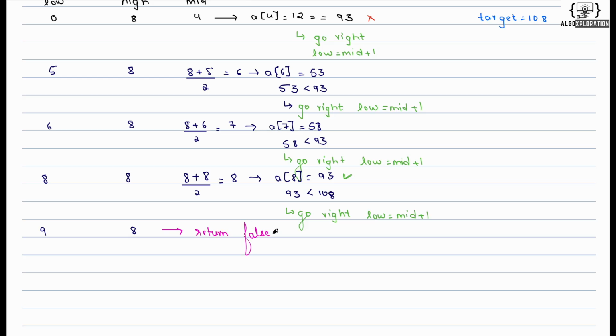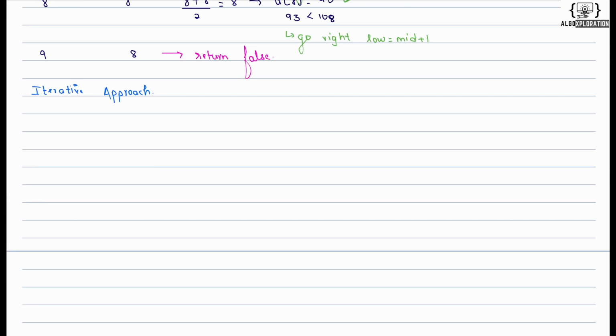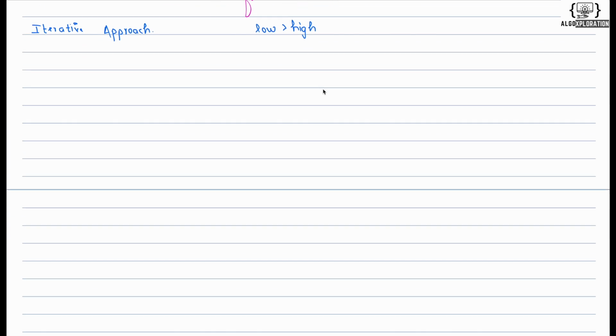Okay, so now let's try to design an algorithm. First, I will be designing an iterative approach. We have seen that if low is greater than high, then we have to return false. If low is lesser than equals to high, then only we can enter inside the loop.